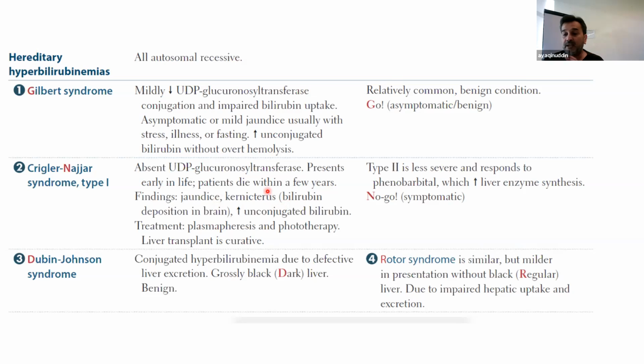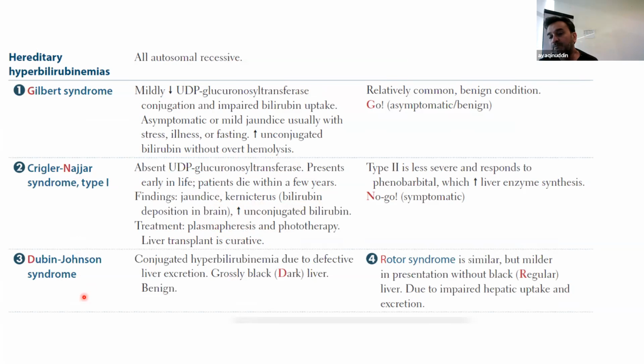So that is a very severe problem, and that can lead to death if we have no treatment like plasmapheresis, phototherapy. Transplant is the only option. So it's a very severe disease and it needs to be taken care of.